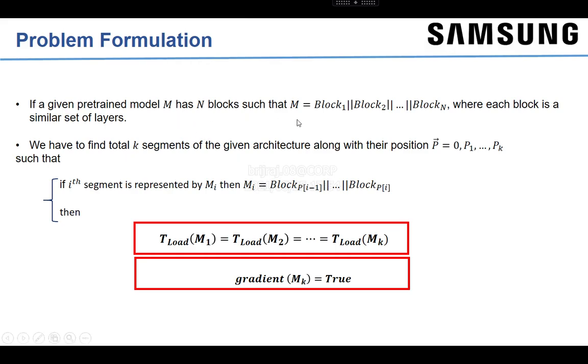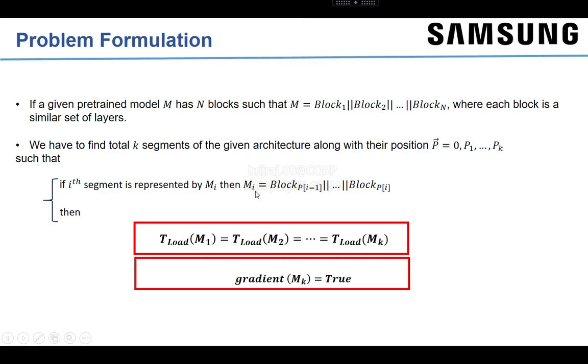Take a particular example here, like if a model has several blocks, like n blocks, and each block has some set of layers, then we want to segment it into k child models, each having a position vector from 0 to p1 for child model 1, p1 to p2 for child model 2, and so on, right?